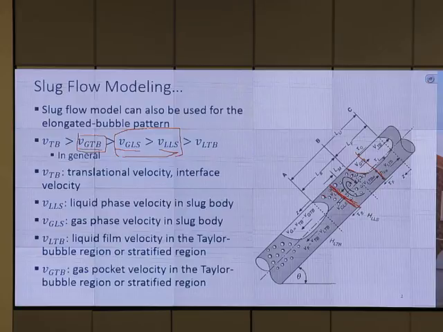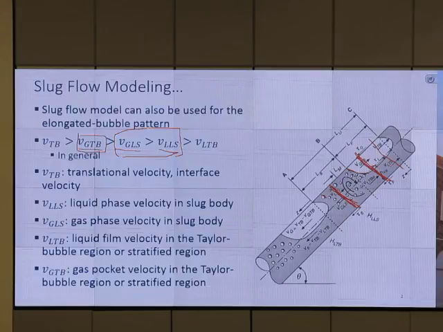Of course, VGTB changes with location. So if you do a mass balance at this location, you use VGTB and 1 minus HLTB at that location. If you do it at another location, you have to match VGTB and HLTB at that other location.